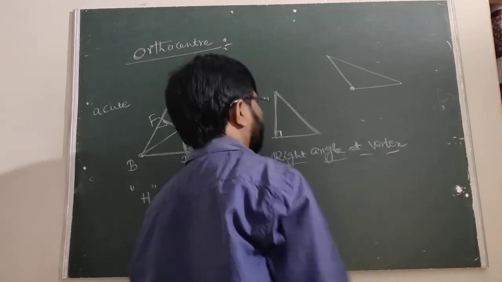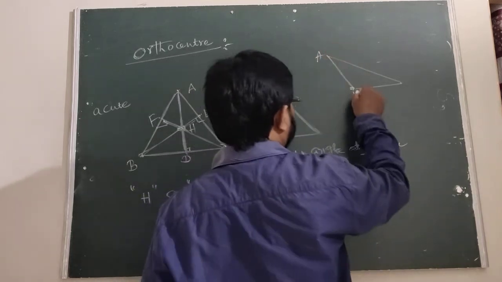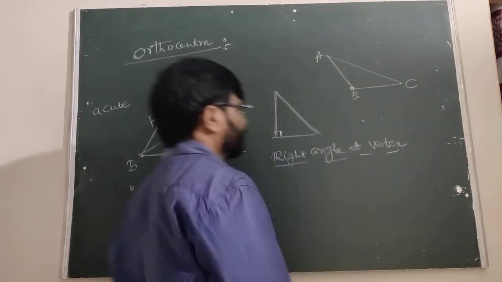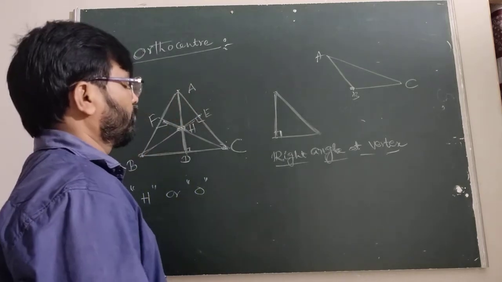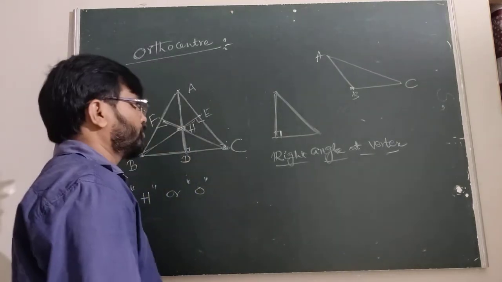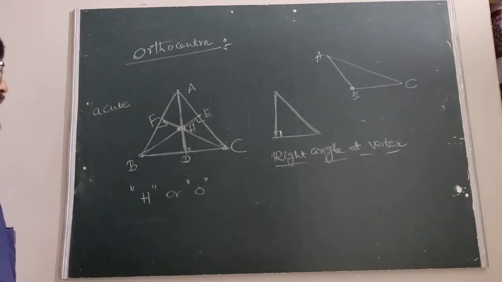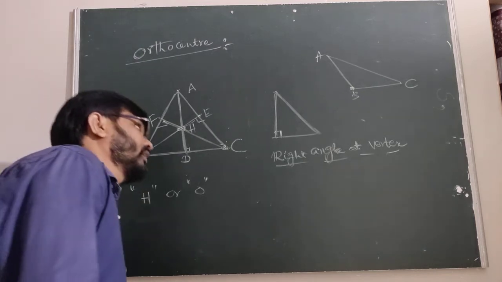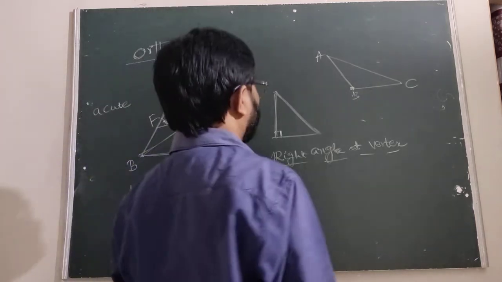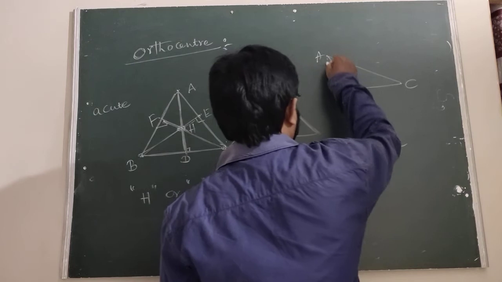We can write this is A, this is B, this is C. First we write the altitude drawn from A, drawn from B and drawn from C. We have to write the altitudes here. Now we can write the altitude is this one.